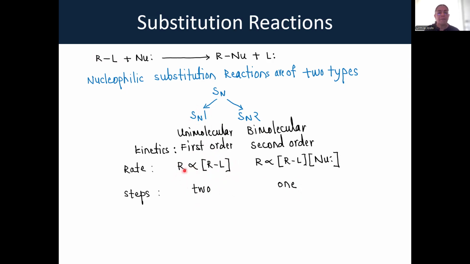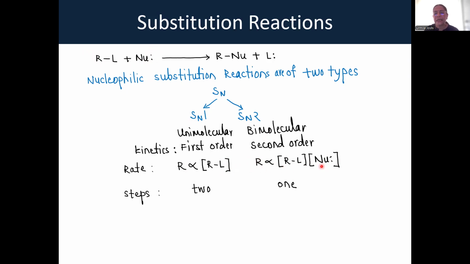Just see why. The reaction involves an alkyl halide as well as a nucleophile, but the rate of the reaction depends on only one term. Therefore, there must be a second step with the other term, the concentration of the nucleophile.